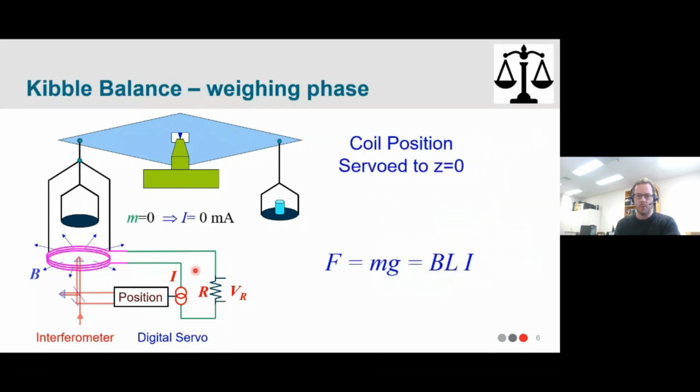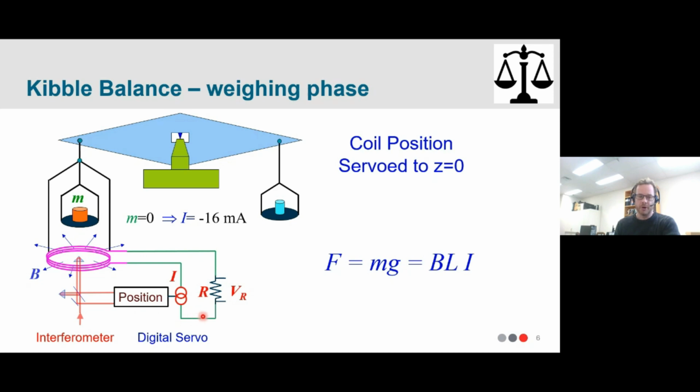So what we want to do is put on a mass on the balance, and then we run a current through it to counterbalance the force, the downwards force. We push up with the coil to maintain the position of the mass pan or the coil based on information from the interferometer.